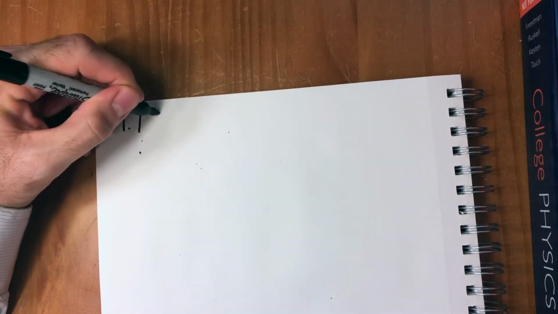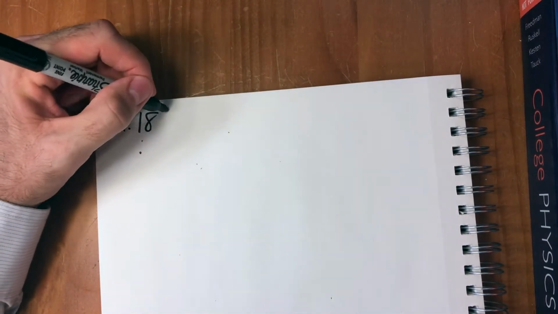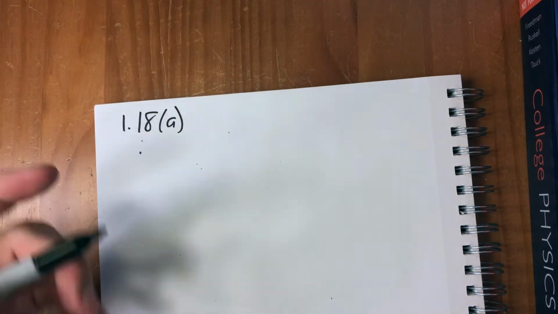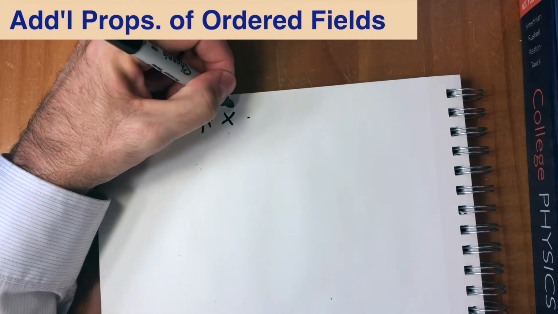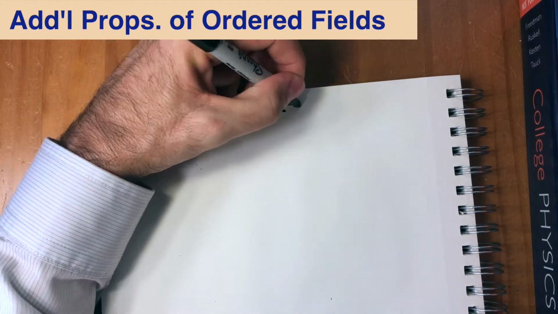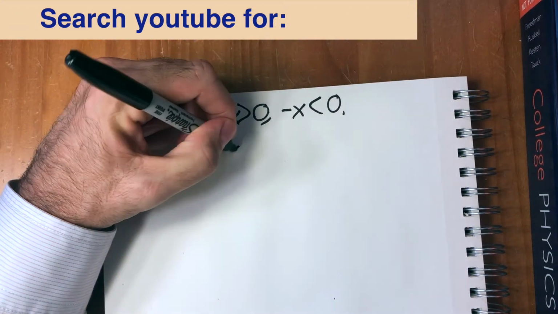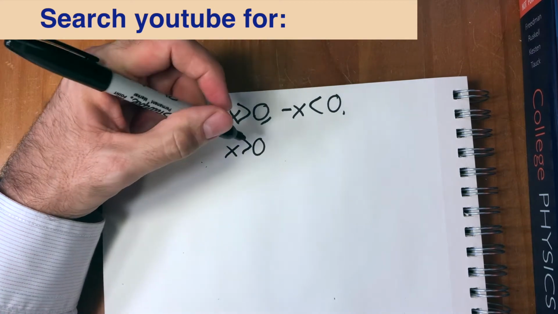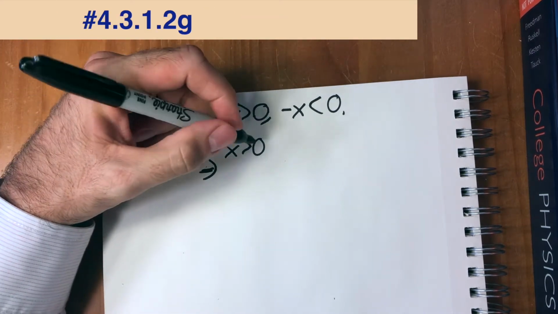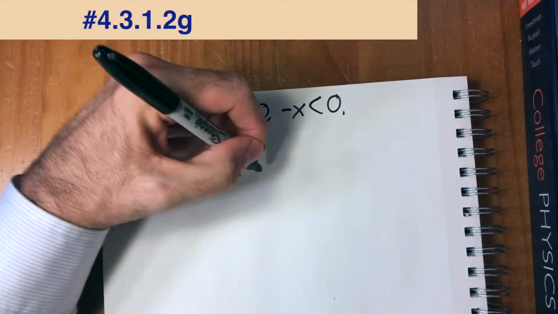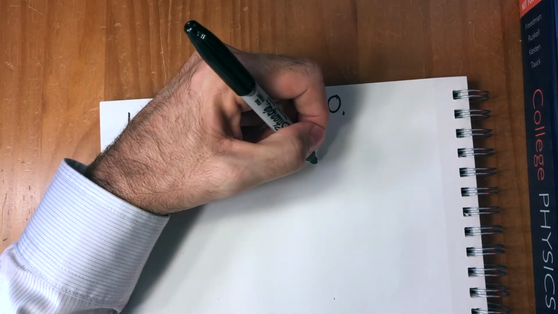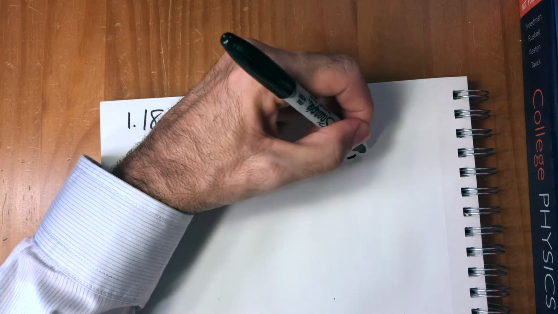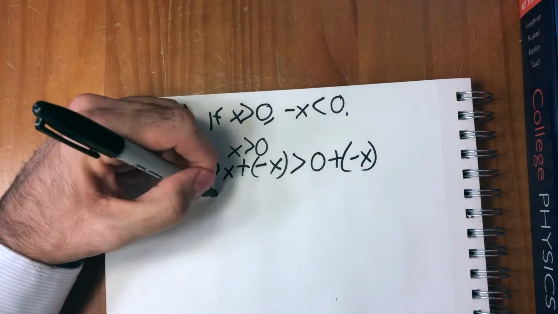So the last thing we need is one of the properties that comes from the ordering, the important one, that if x is greater than 0, then minus x is less than 0. Okay, so if we start with x is greater than 0, then that implies that x plus minus x is greater than 0 plus minus x, right?